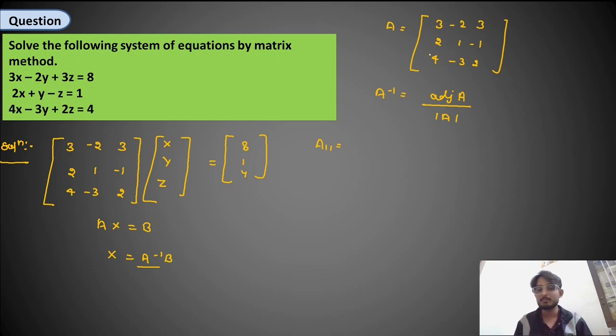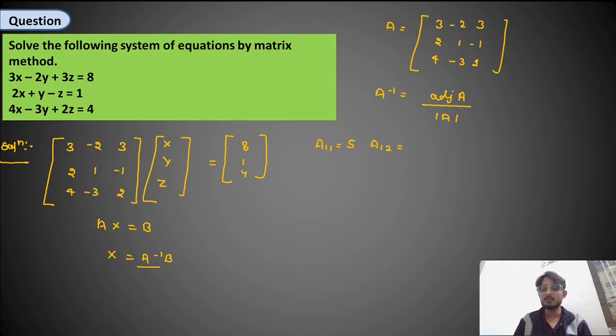So how can you find this? A11: eliminating the first row and first column, 1, minus 1, minus 3, 2, 2 ones are 2, 3 ones are 3, 2 plus 3 equals 5. The sign will not change. So A11 equals 5. A12: eliminating the second row and second column, you will get minus 2, 3, minus 3 and 2.